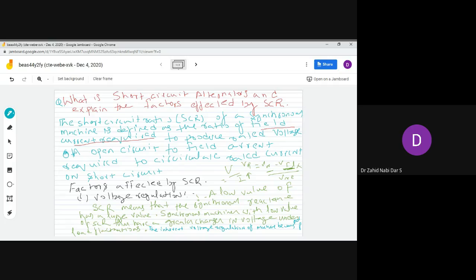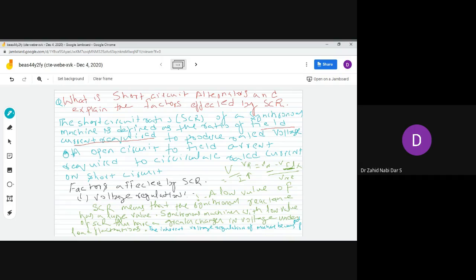There is not a single machine in the system; you have many machines connected to one bus. Suppose you are connecting one alternator to the already existing grid, this grid is also termed an infinite bus. There are so many machines, so these machines have to operate in parallel.